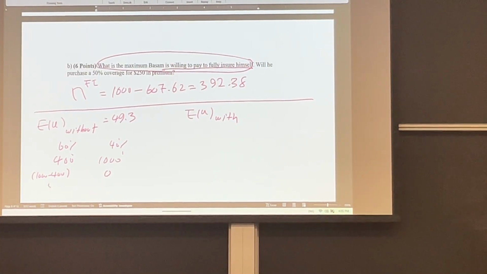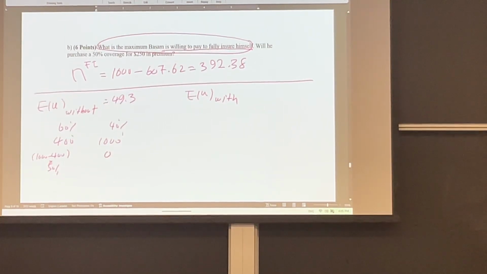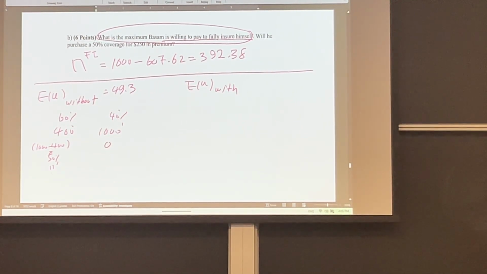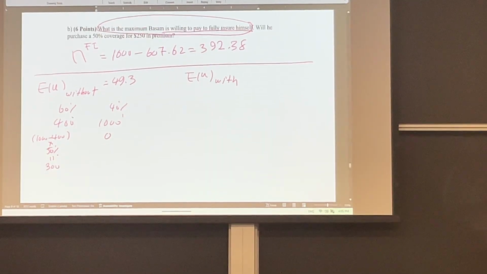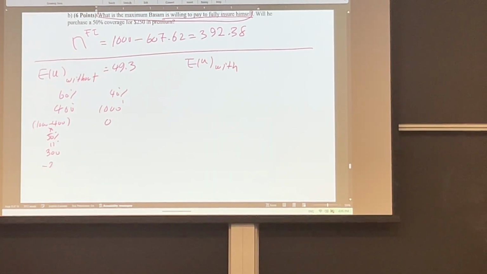You get 50% of it covered. So you're going to get a check equal to how much? 300 bucks. That's the coverage. So 50% coverage there means 300 bucks from the insurance company, because the coverage covers the loss, not what you end up with. Right? But in either case, you have to pay 250.